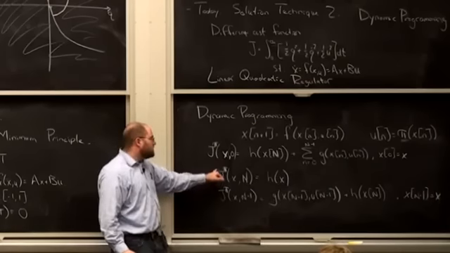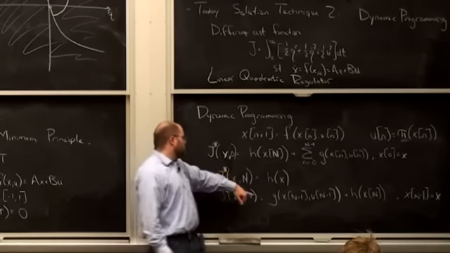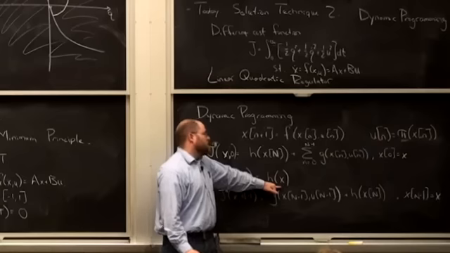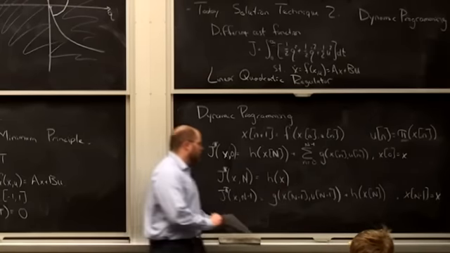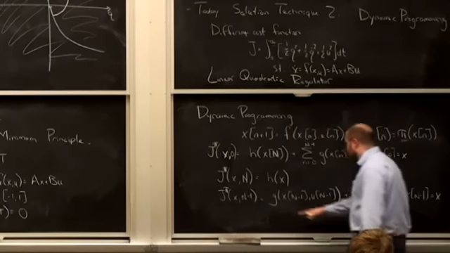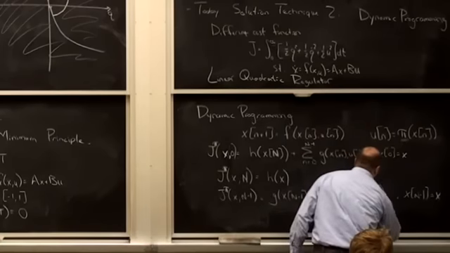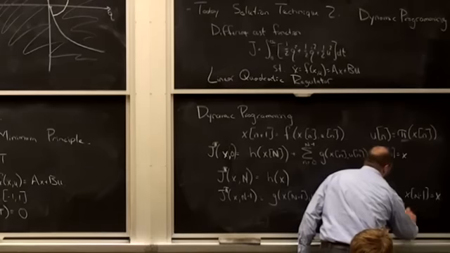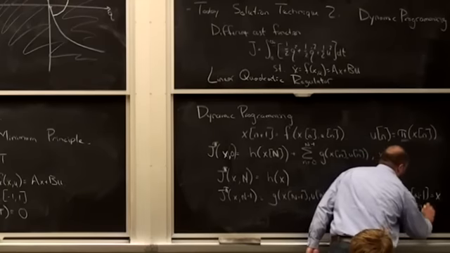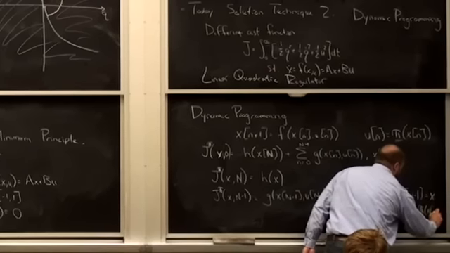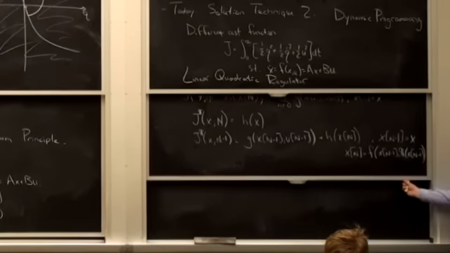If I'm in some state x at time n, taking this policy, I'm going to get this. And even when I'm executing policy pi, I can furthermore say that xn is f of xn minus 1, pi of xn minus 1.